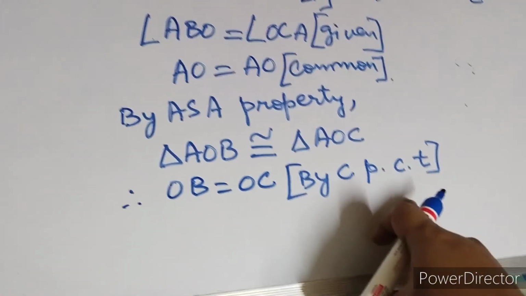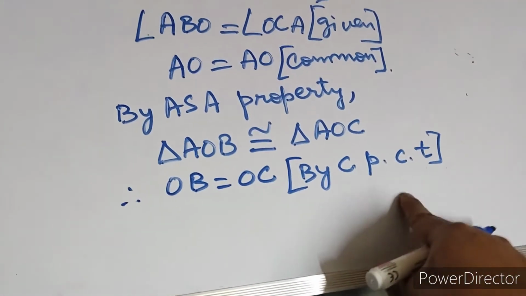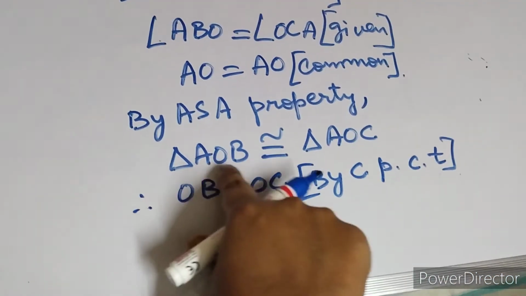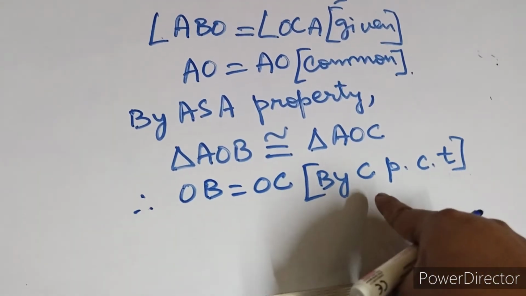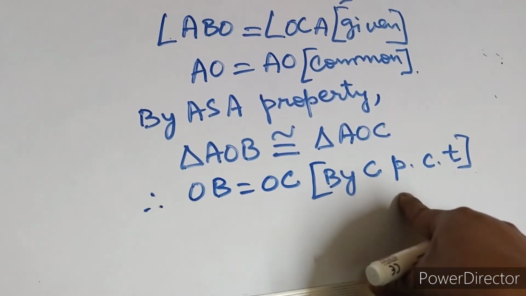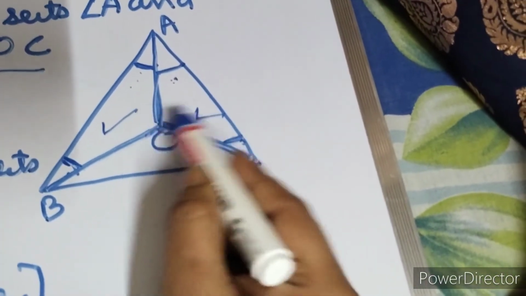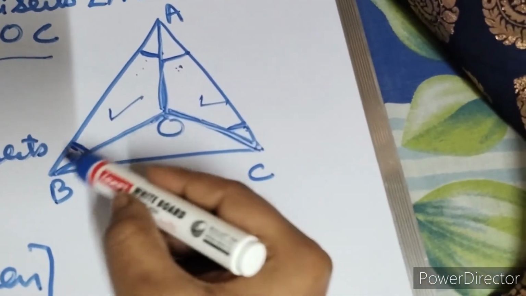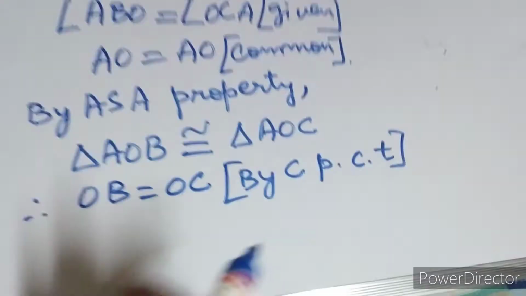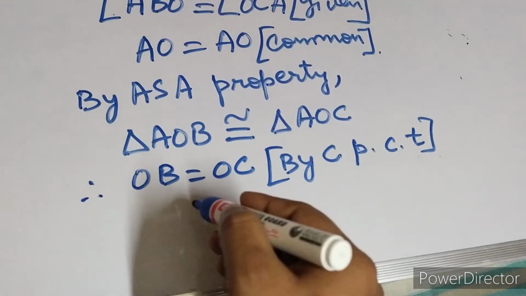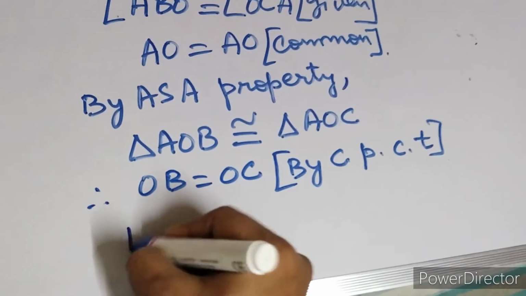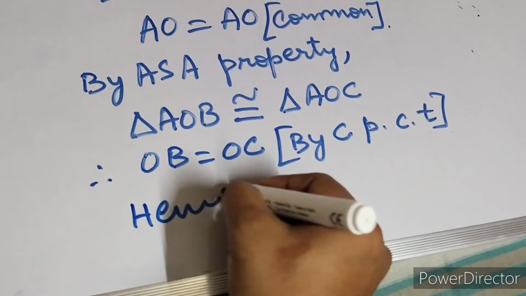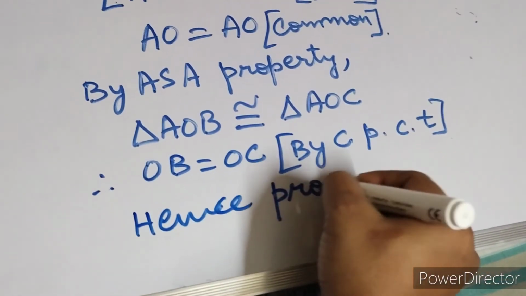CPCT means corresponding parts of congruent triangles. Since these two triangles are congruent, corresponding parts will also be equal. So by CPCT, we can say that OB equal to OC. Hence, proved.